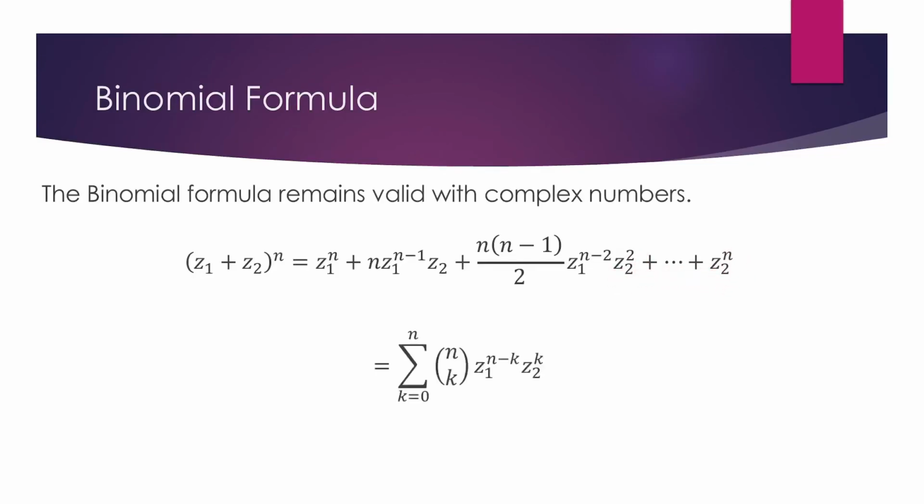So we can write this using summation symbol as summation k ranges from 0 to n of nCk Z1 raised to n minus k Z2 power k. Here by nCk we mean n factorial divided by k factorial times n minus k factorial, and here we are taking k equal to 0, so we are defining that 0 factorial is equal to 1.